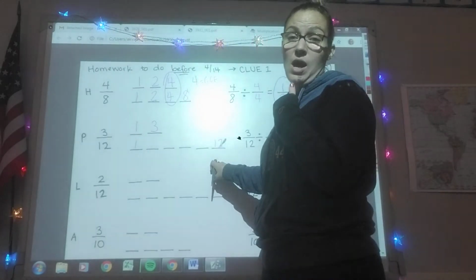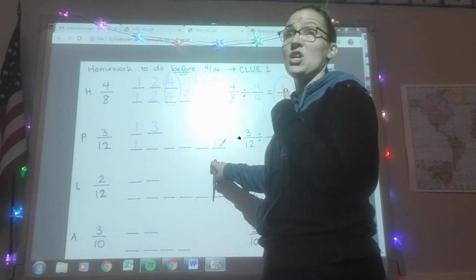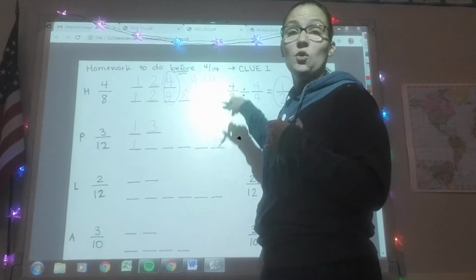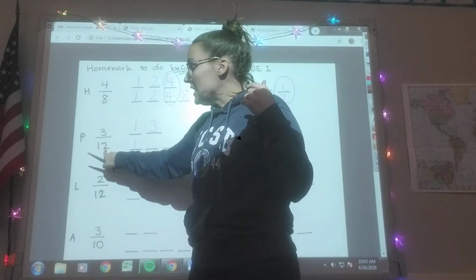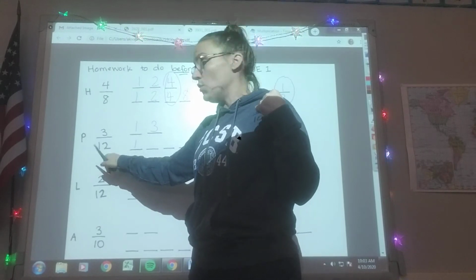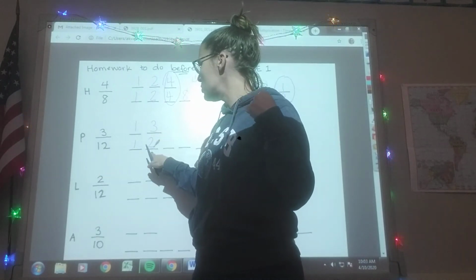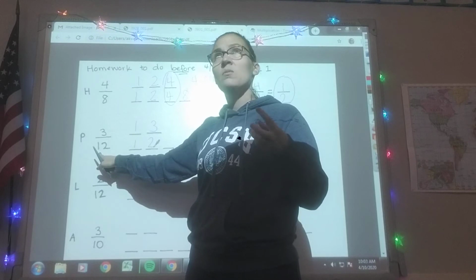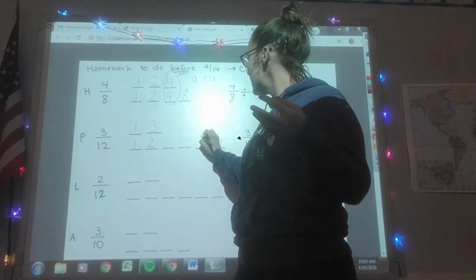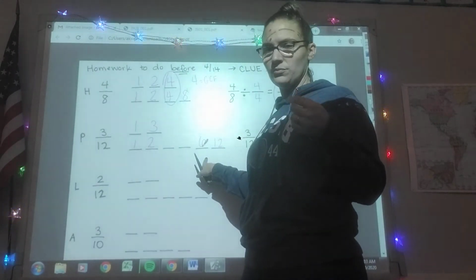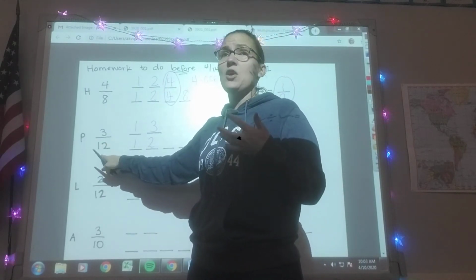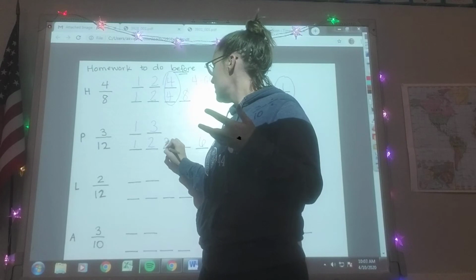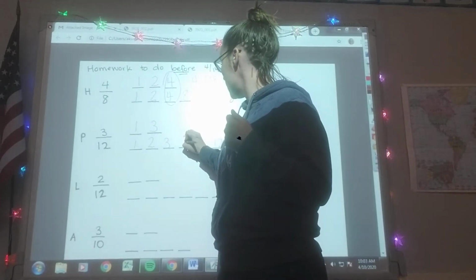Now I'm not going to go back and look on my multiplication chart because I do have my math facts, but you can always go back. So start at 1, and then if you have an even number, you go to 2. So 2 times what is 12? 2 times 6 is 12. I also know that 12 is divisible by 3. I know 3 times 4 is also 12.